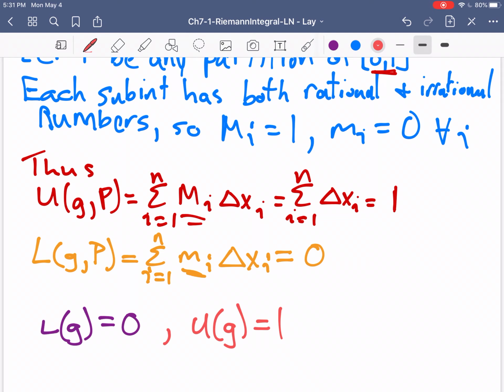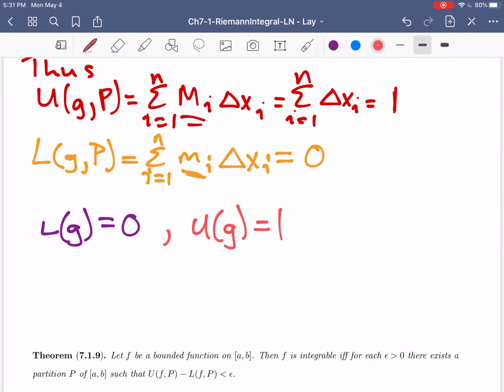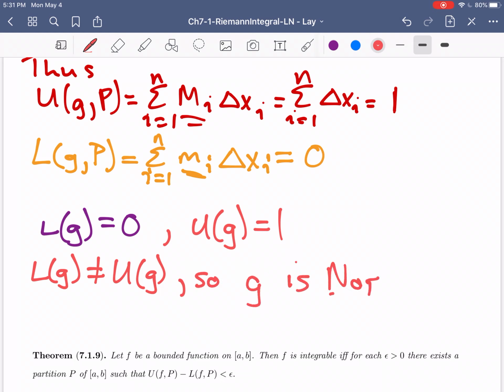And since those two values are not the same, we have g is not Riemann integrable.